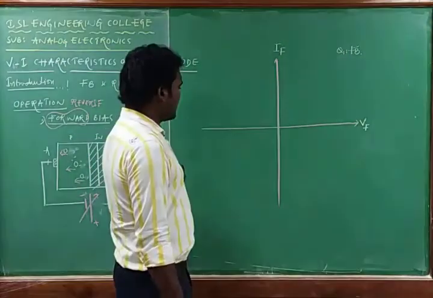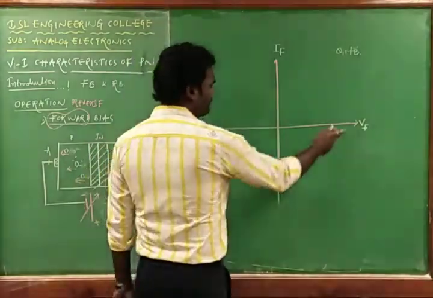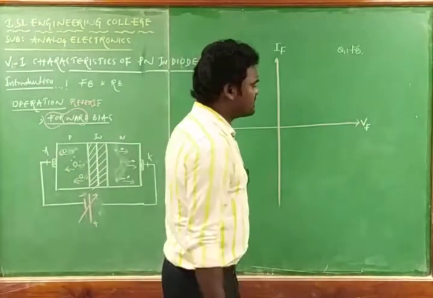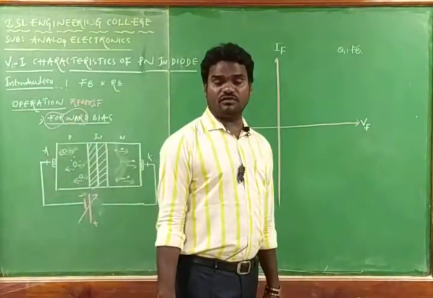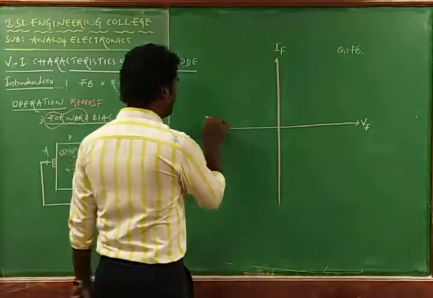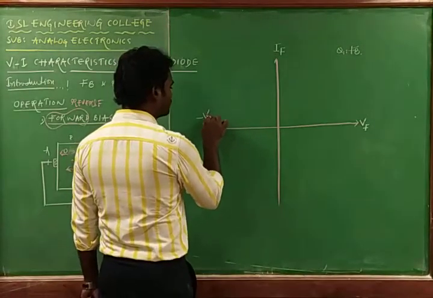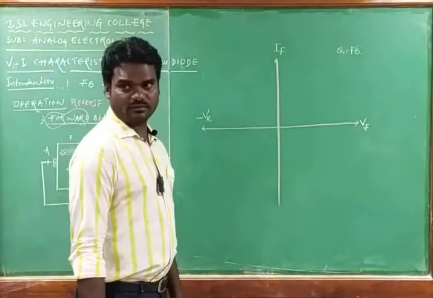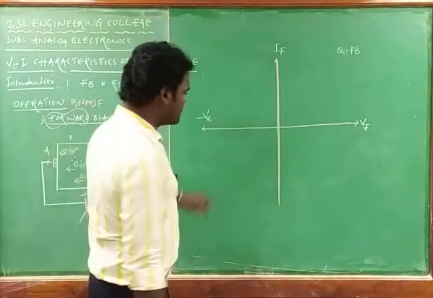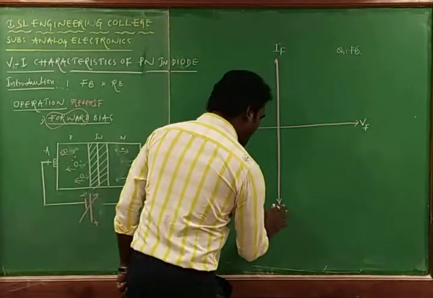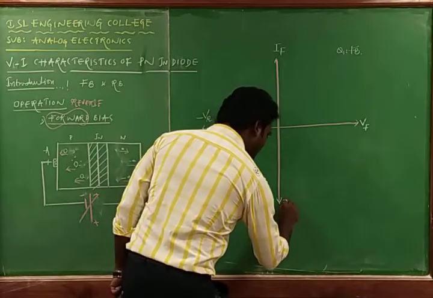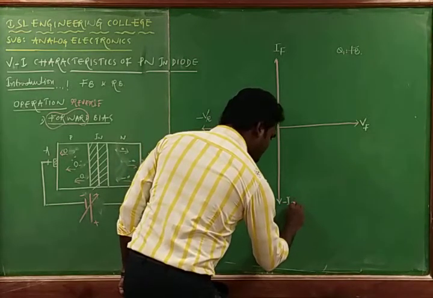Coming to reverse bias, if the forward bias voltage is assumed to be positive, then the reverse bias voltage must be assumed negative, so reverse bias voltage is minus VR. If the voltage is negative, then the current is also assumed negative, so we have minus IR.